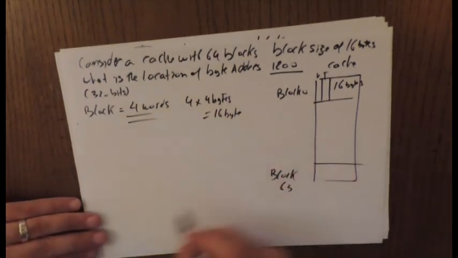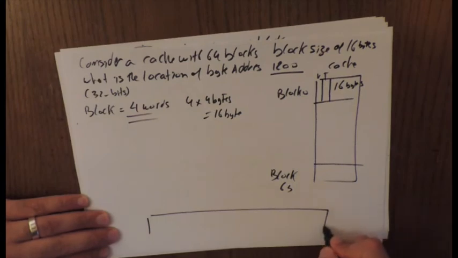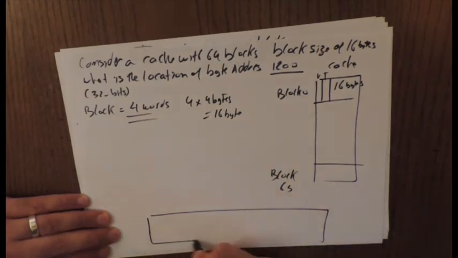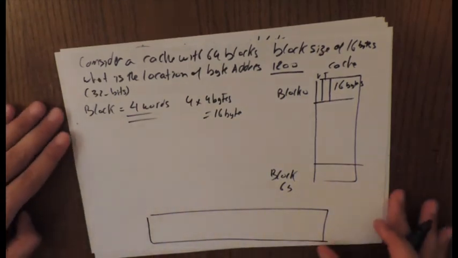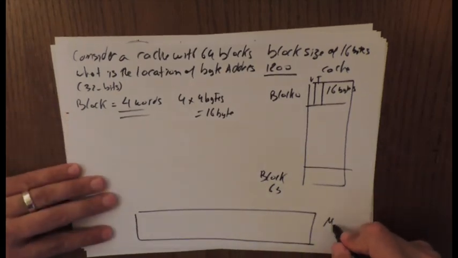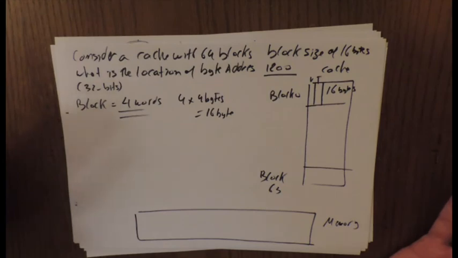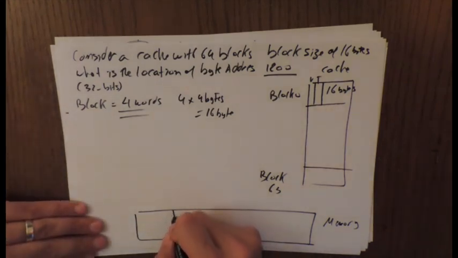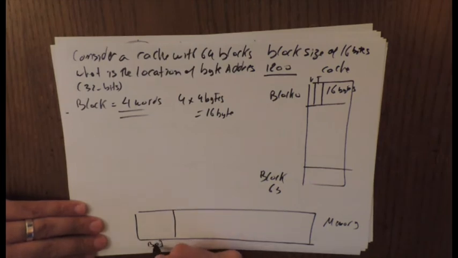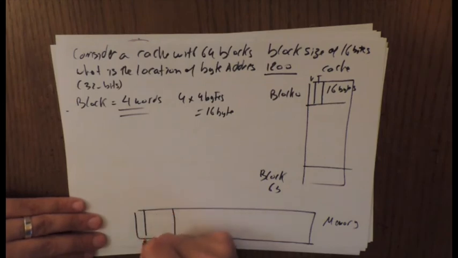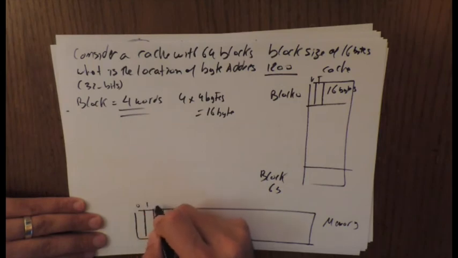Alright, if I take a look at the memory, I don't know how big it is. However, I want to differentiate between addressing styles in the memory. We said that the least amount of information is a block. So this is B0, block 0, in memory, which contains how many words? 4 words. So this is 0, 1, 2, 3. This is block 0.